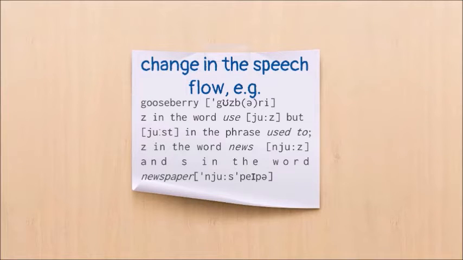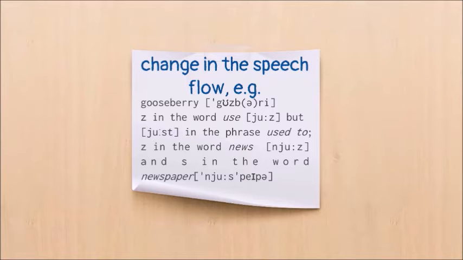For example, we pronounce Z, not S, in the word gooseberry because of the following consonant B. We pronounce Z in the word use, but S in the phrase used to. Z in the word news and S in the word newspaper.